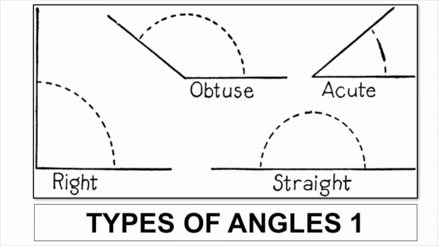Acute is used for smaller angles. And we also have right angles. A right angle is when we have a vertical line that meets a horizontal line. And one angle with 2 straight lines or one continuing straight line is called a straight angle. So you can see how the angles are named differently depending on the size of the angle.